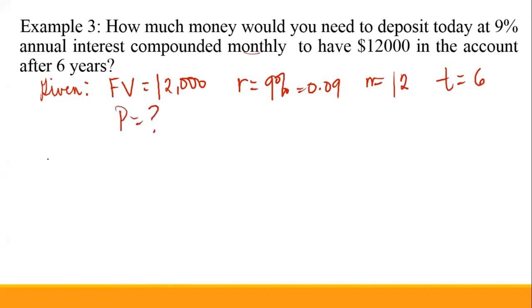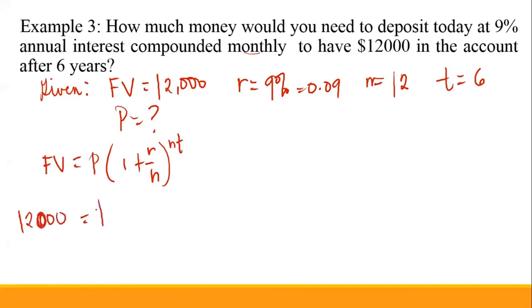Alright? So from our formula, all we have to do is to substitute. So this is 12,000, missing si P. So 1 plus 0.09 over 12 raised to 12 times 6.